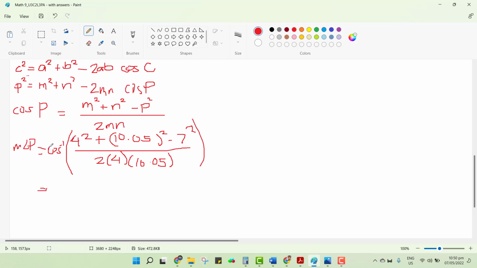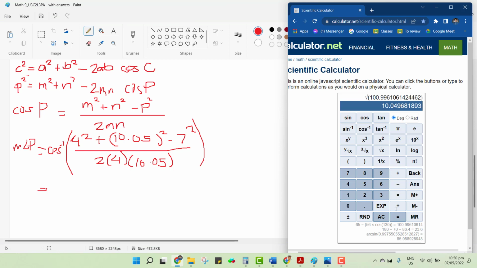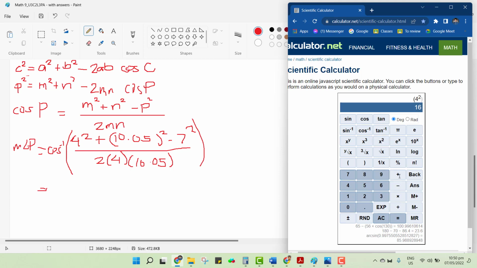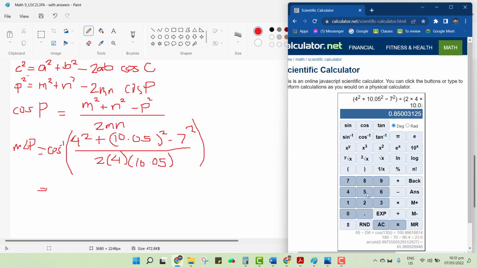So how do we do this again in our calculator? Let's take it slowly. We take first the numerator: parenthesis 4 squared plus 10.05 squared less 7 squared, close, divided by 2 times 4 times 10.05, that one.